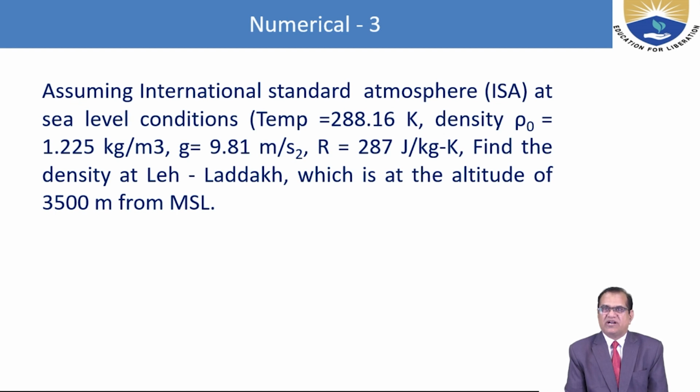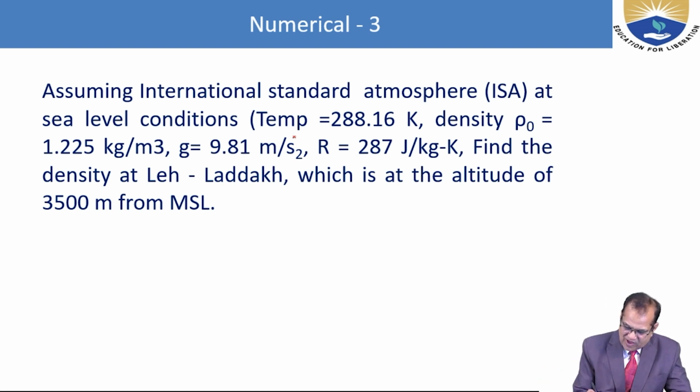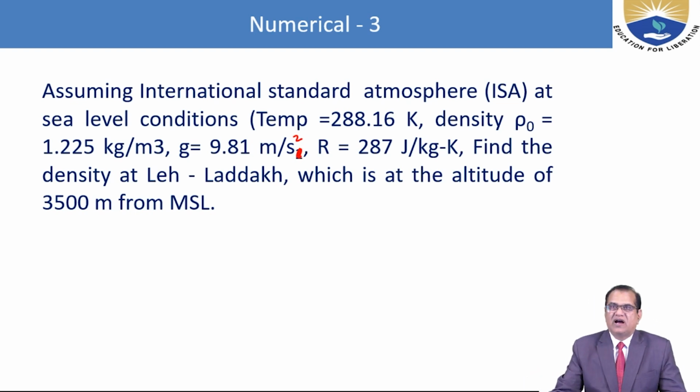Density rho naught is equal to 1.225 kg per meter cube. G is equal to 9.81 meter per second square. Gas constant R is equal to 287 joule per kg Kelvin.